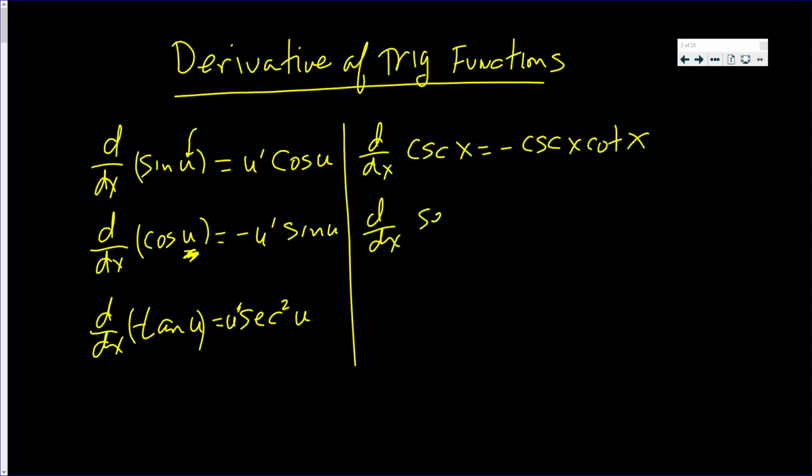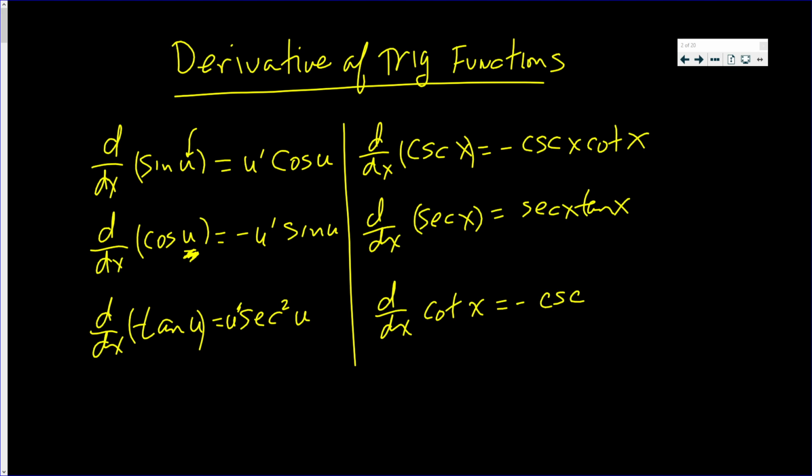The derivative of secant x is equal to secant x tangent x. Nothing to understand here. Just accept them as definitions. The derivative of cotangent x, well, this is going to be negative cosecant squared x.